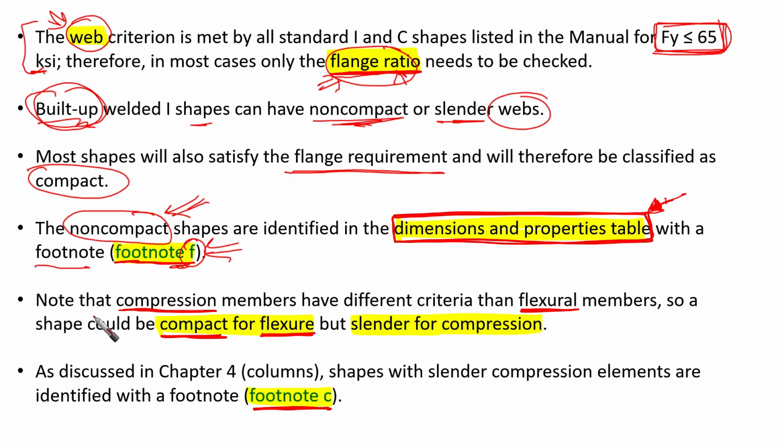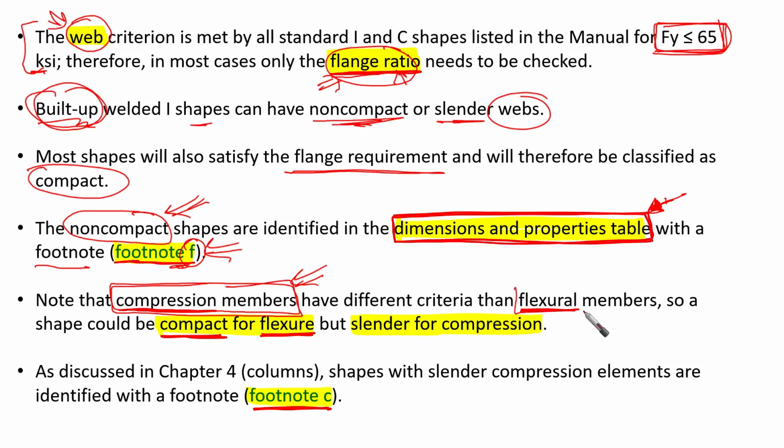Note that compression members have different criteria than flexural members. In the previous chapter we were talking about compression members, and I mentioned that some shapes might be slender, for example, but this is for compression members.